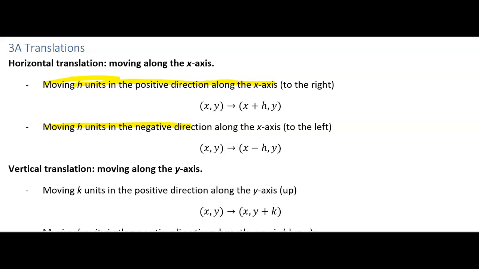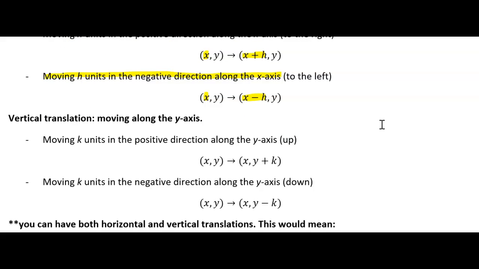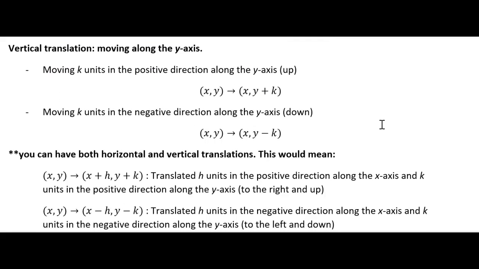If you're moving to the left, you say in the negative direction. So with that mapping, your x value, we're just adding whatever h is. And if we're moving in the negative direction, we're just subtracting h. Now this is only for mapping points. Make sure you don't get mixed up when you look at a function and decide what transformations they are. We'll talk about that a bit later.